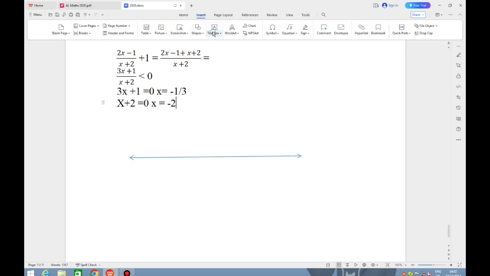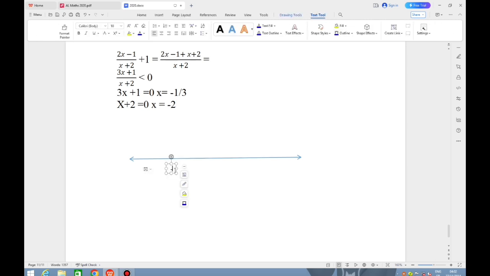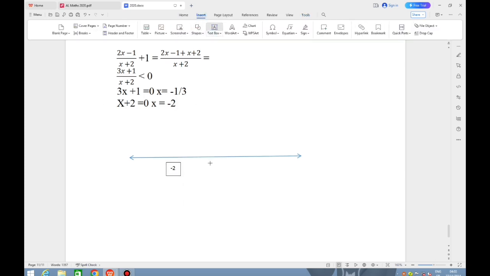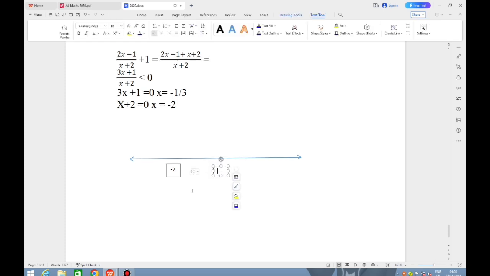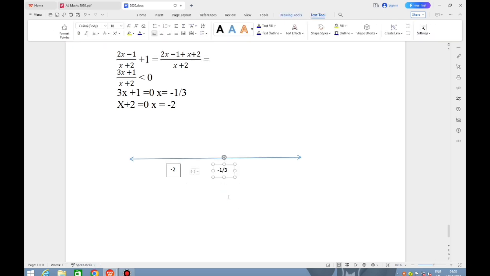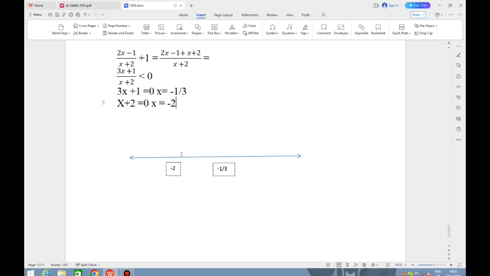At this point, x is negative 2, and at this point, x is negative 1/3.